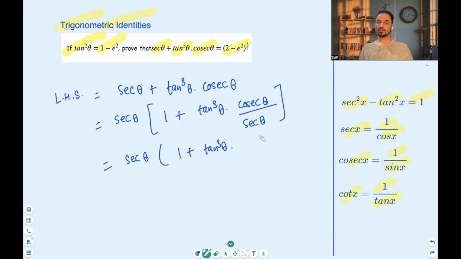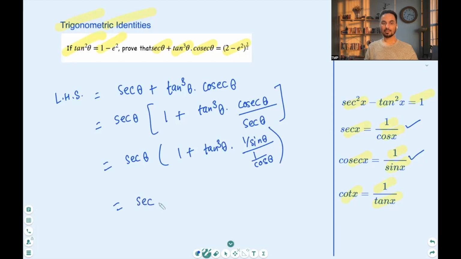And we know that cosec theta is 1 over sin theta, and sec theta is 1 over cos theta. So cosec theta over sec theta will become (1 over sin theta) over (1 over cos theta).